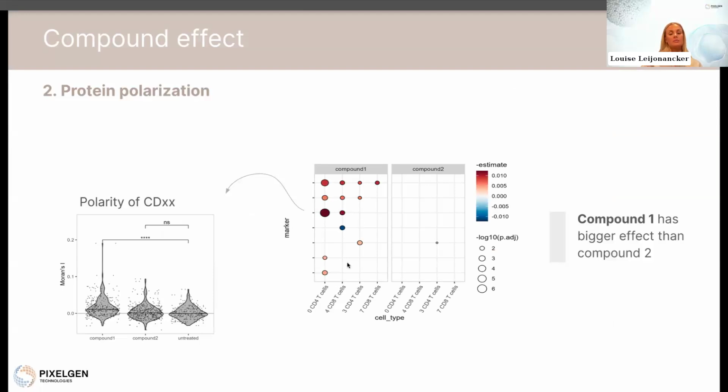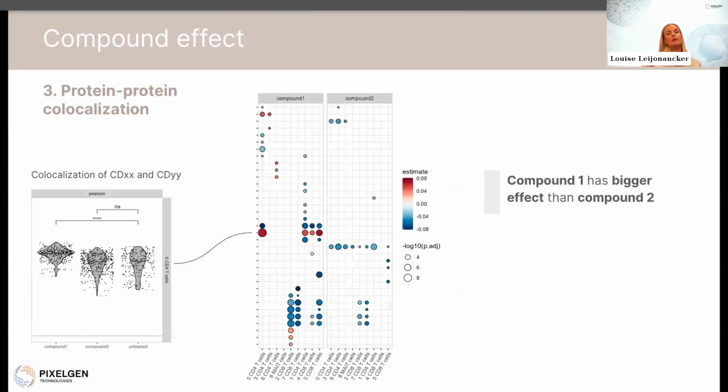So here it's been specified for T cells, and you can see how compound 1 has bigger effects on polarity compared to compound 2. And here we've just zoomed in on one of the markers, where you can see how compound 2 and the untreated sample have very similar profiles centered around 0, whereas compound 1 has an increase in polarity.